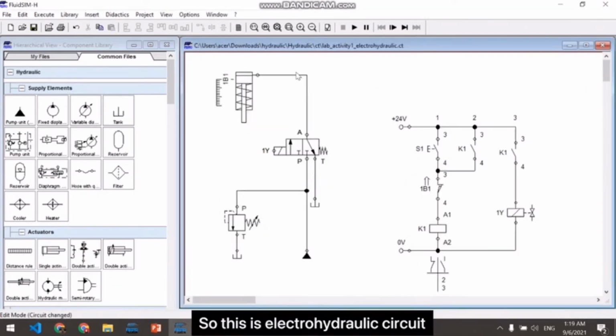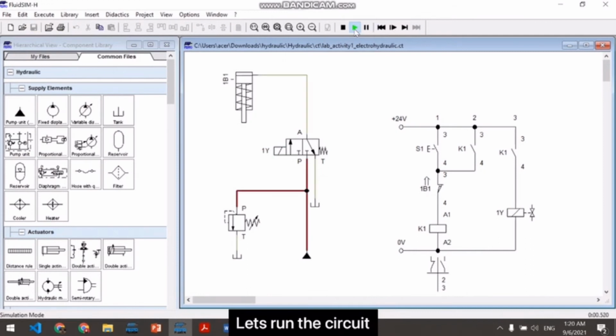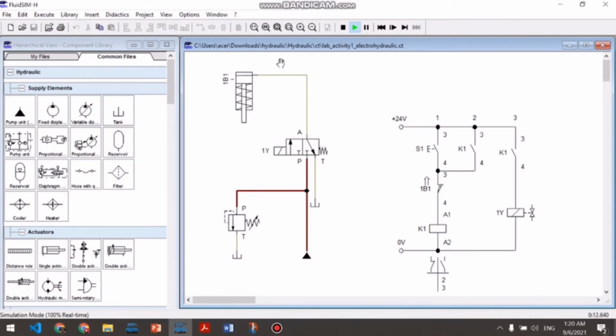So this is the electro-hydraulic circuit. Let's run the circuit. When we run the circuit, we can see that just like the pneumatic circuit, the hydraulic fluid is only being transferred into the valve. It cannot be transmitted into the cylinder to extend it.